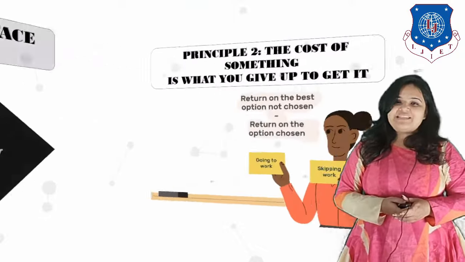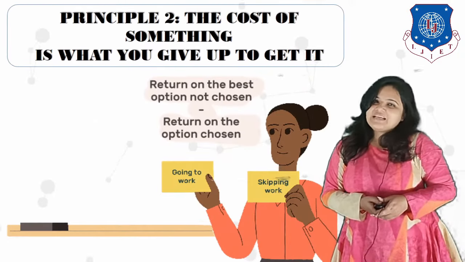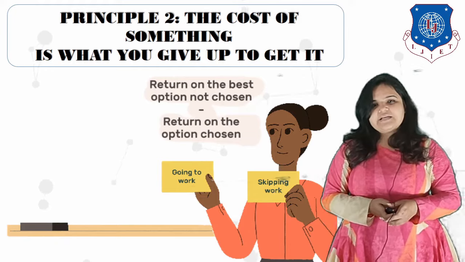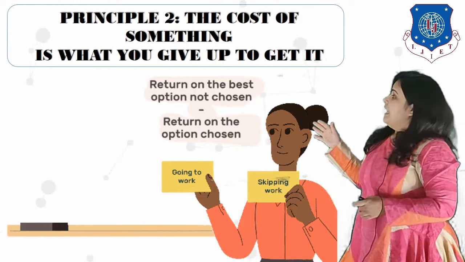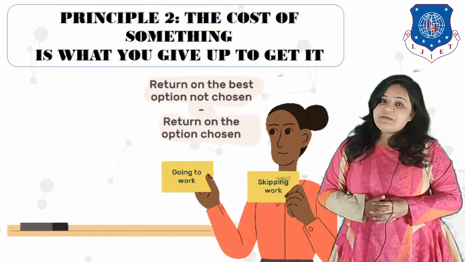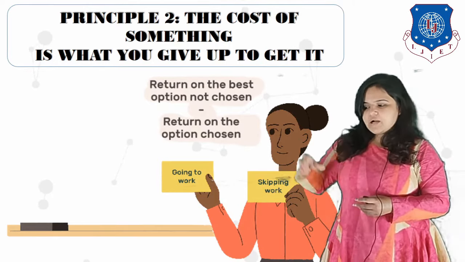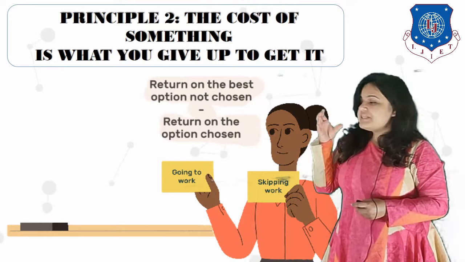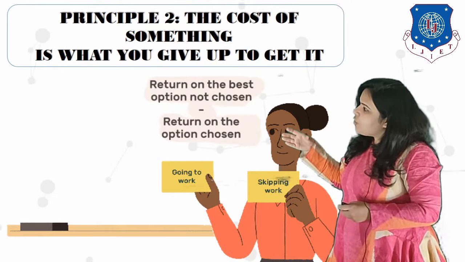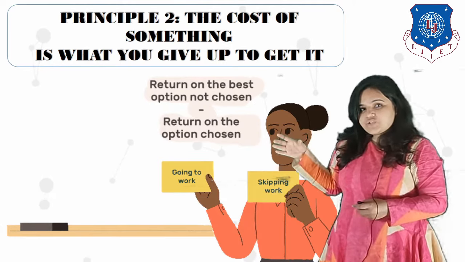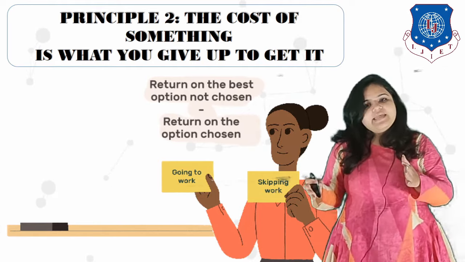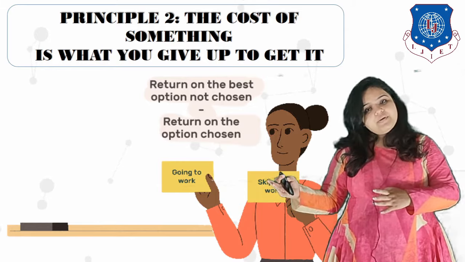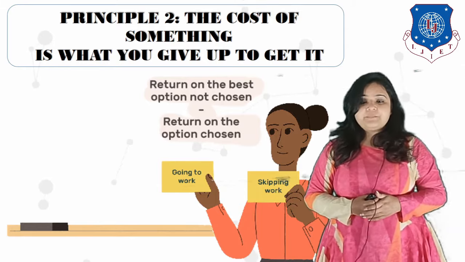Moving forward, the second principle says that the cost of something is what you give up to get it. In making decisions, you must remember that the cost of a particular item is not only the direct, visible cost, but also the cost of something which you give up to get it.